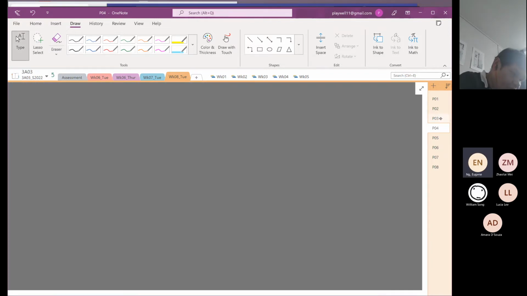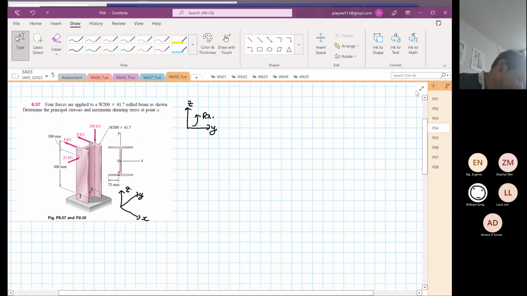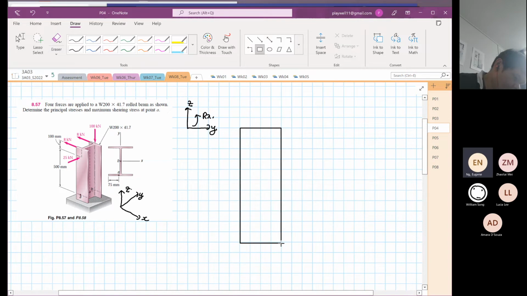Okay, and we are going to draw the structure. I'm going to sketch the structure out. We're looking at it from the side view or end view, whatever you call it.